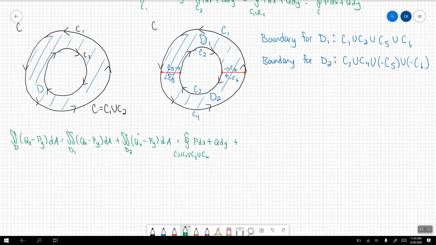Plus the second double integral over domain 2, that's going to be for C3 union C4 union negative C5 union negative C6 of P dx plus Q dy. All right, it's looking good so far.